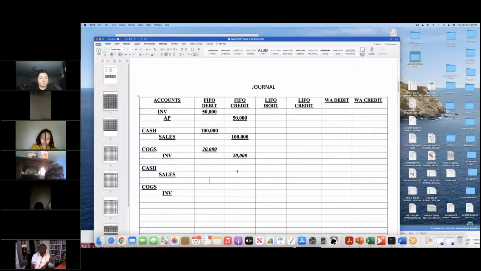So if we sell 2,000 at 100, how much cash are we gonna get? How much are we gonna get on account? So this should be accounts receivable. I'll put that in there in case somebody, but we don't work with that here. So how much money am I gonna get if I sell 2,000 at 100?